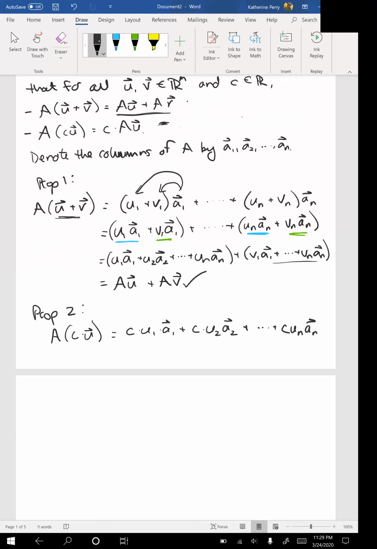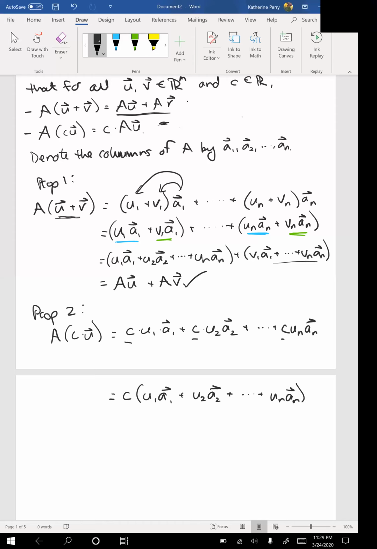And from here, I can rearrange these a little. So let me first factor out a C from each of these. So I have C times U1 times A1 plus U2 A2 plus Un An.